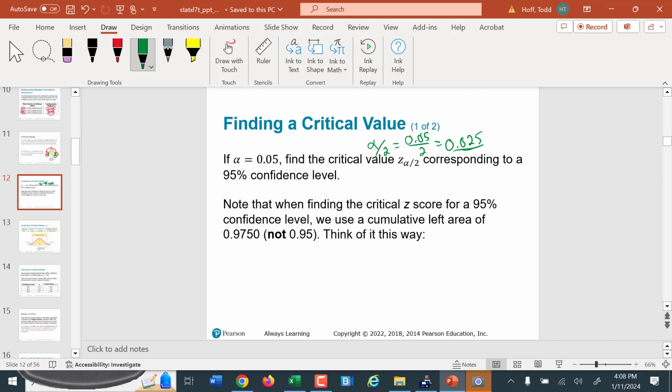So first of all, it's a 95% confidence interval of alpha 0.05. But that means that we're looking for here an upper tail. And we tend to look for the upper tail critical value rather than the lower tail, although the lower tail is just as easy to find, actually probably easier. Upper tail of alpha over 2 of the 0.025, which means, remember, Excel gives us the value that's below that. 1 minus that would be 0.975 is what we're going to look for to find our Z critical.